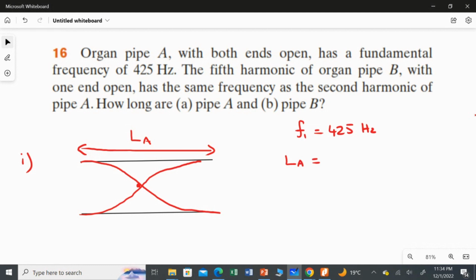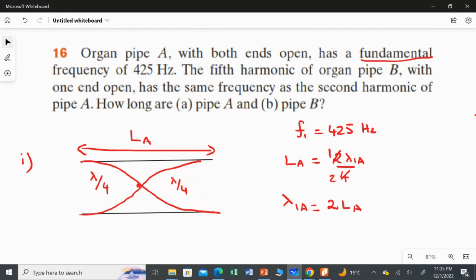In the previous chapter I explained, in each loop you have 2 quarters of lambda, right? But here you have only half here, half here. That means lambda over 4 here, lambda over 4 here. So what's the total? 2 lambda over 4. So this is nothing but lambda 1A, because we consider n equal to 1 since they mentioned fundamental. Now we can cancel this, so this becomes 1, this becomes 2. Therefore lambda 1A is equal to 2 times LA, right?